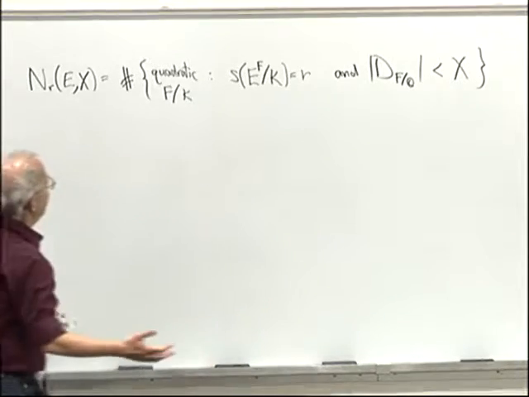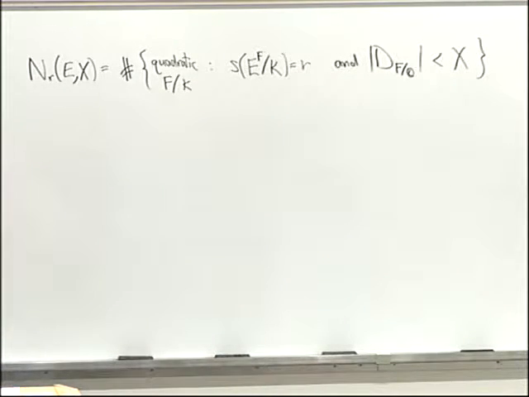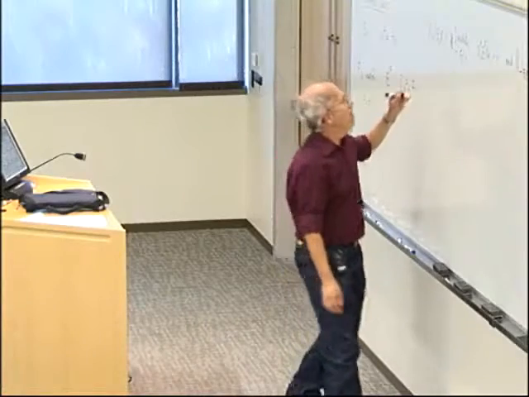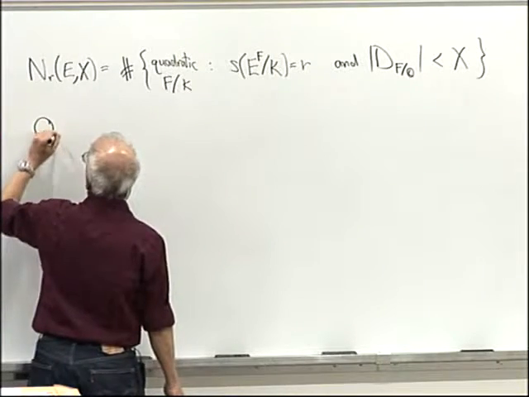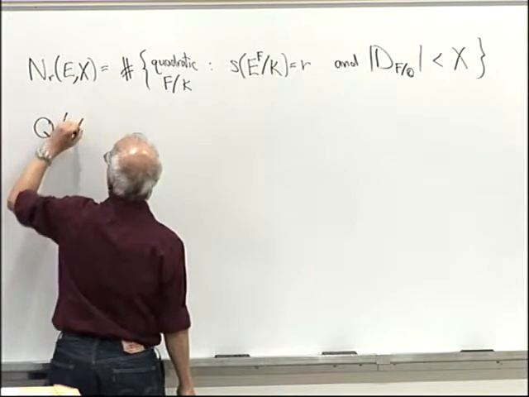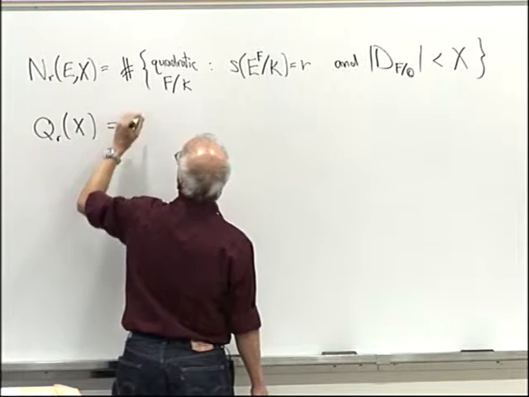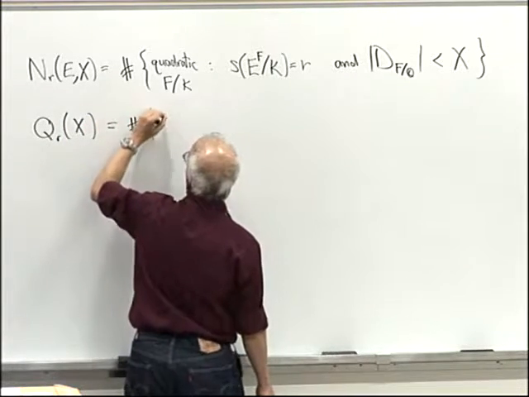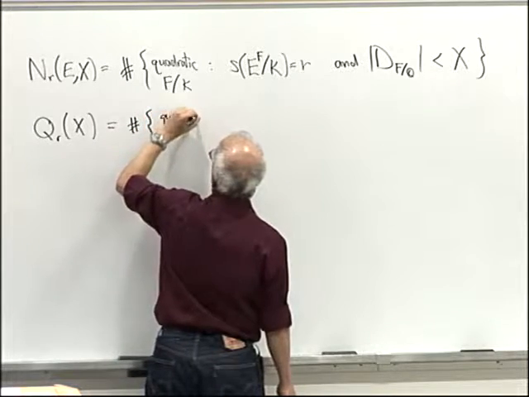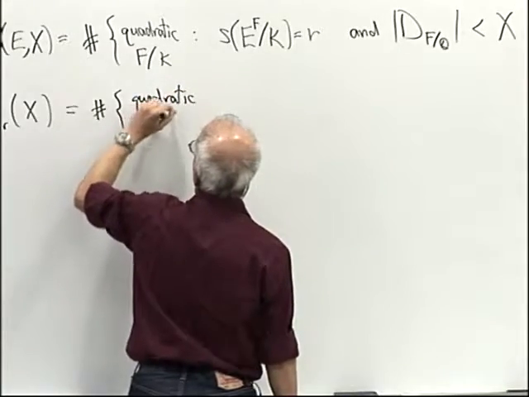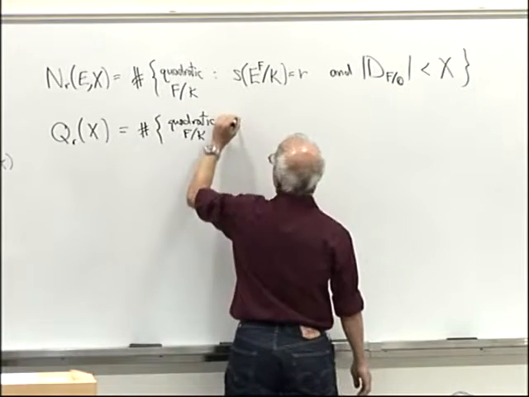Okay, so as x varies, we're counting the number of twists with Selmer rank r, and Q sub r of x is just going to be the total number of quadratic twists in that range.